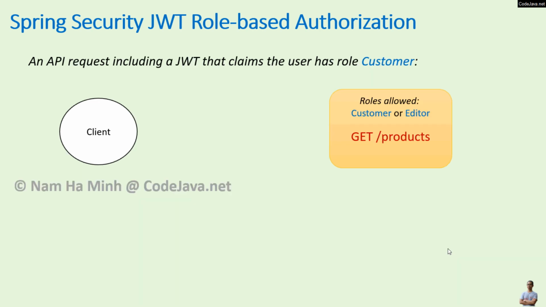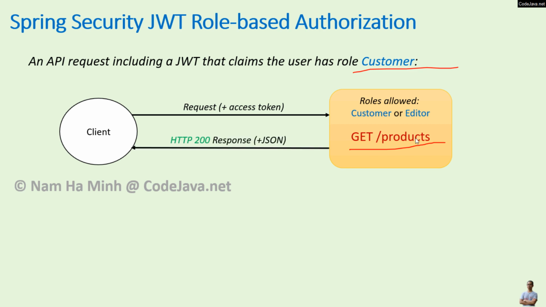And then, given an API request including a JWT that claims the user has the role customer, if the request is sent to this API, it should return a successful response because the roles allowed are customer or editor.